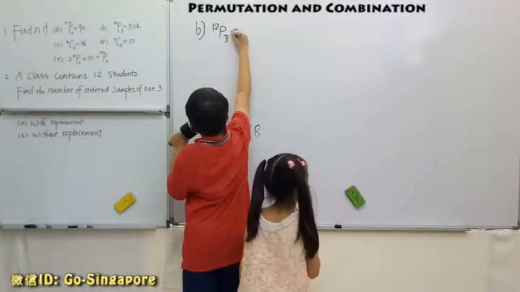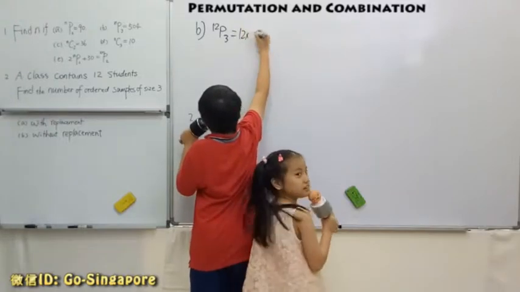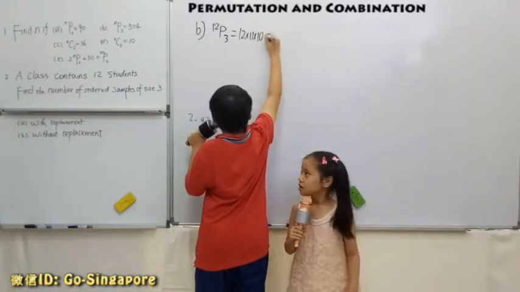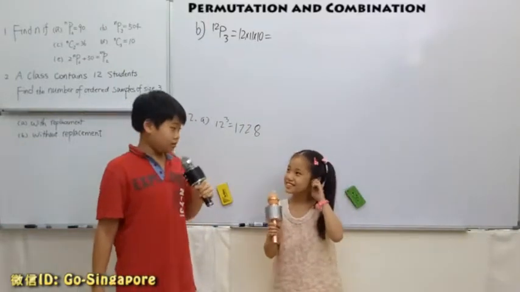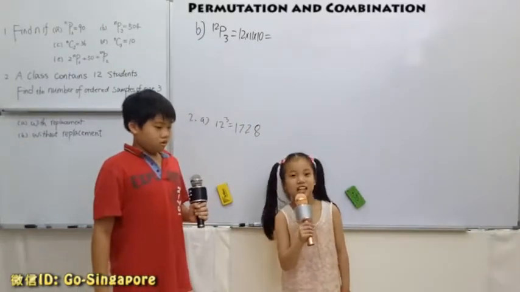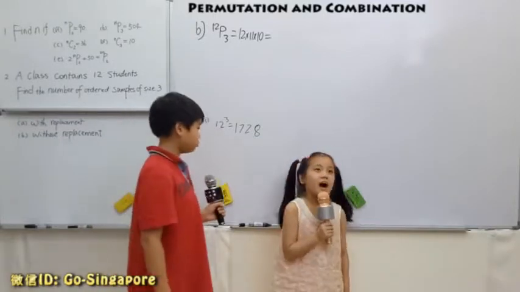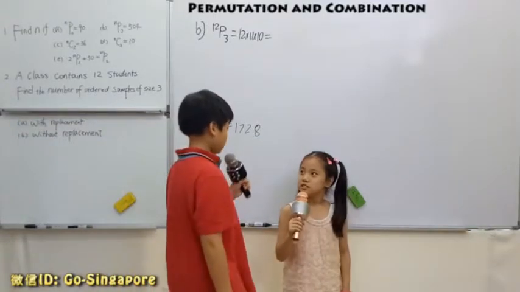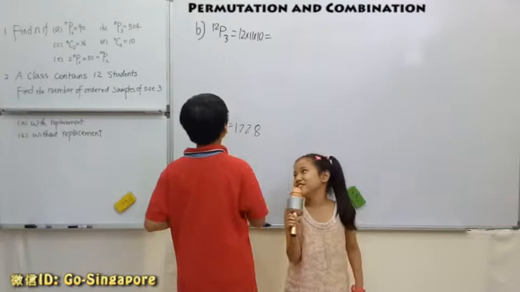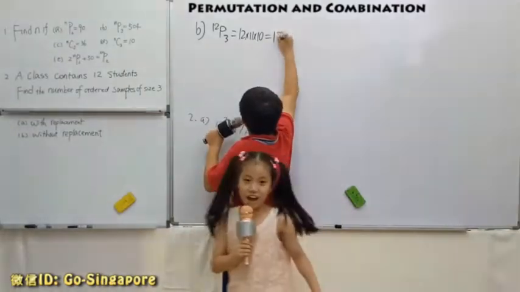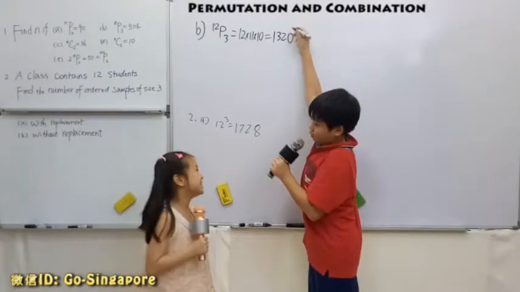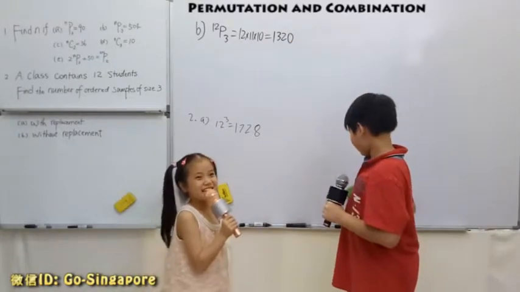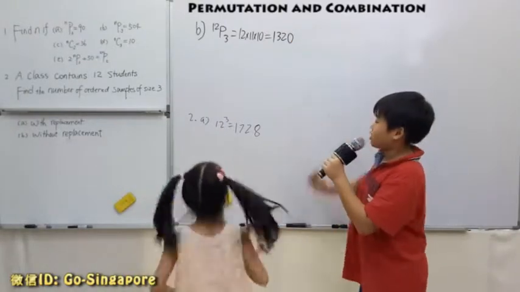So actually this is 12 times 11 times 10, correct? 12 times 11 is 132. Then because of the 10, you need another 0, so here you get your answer.